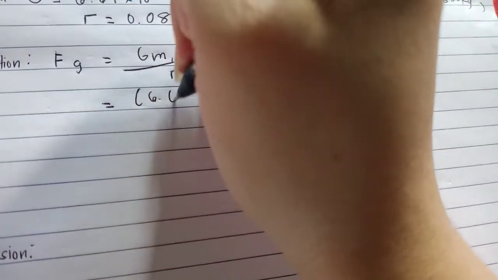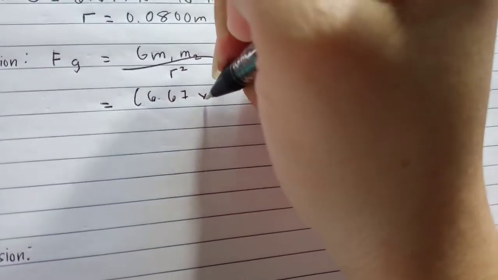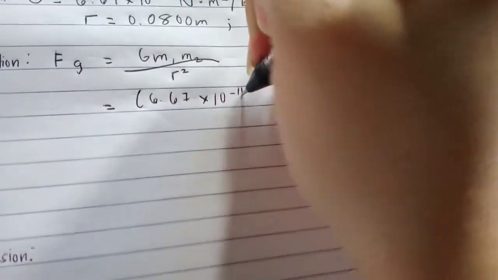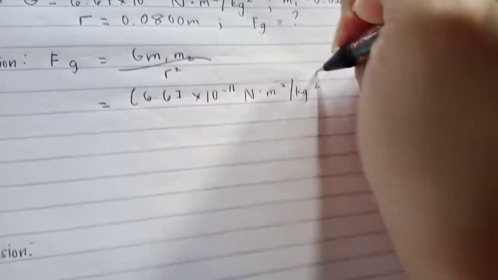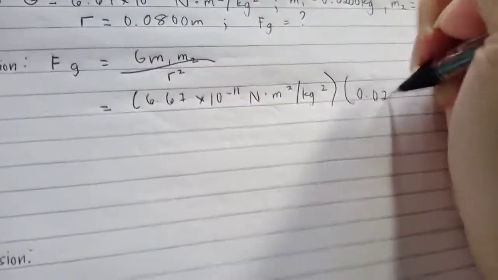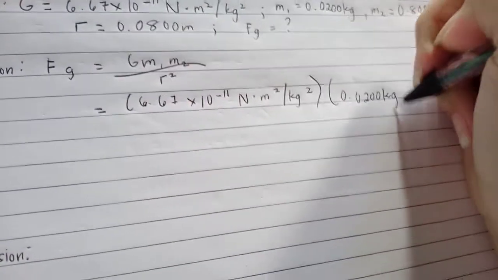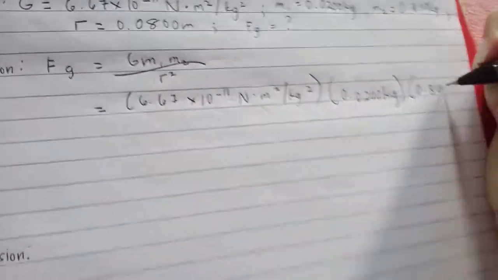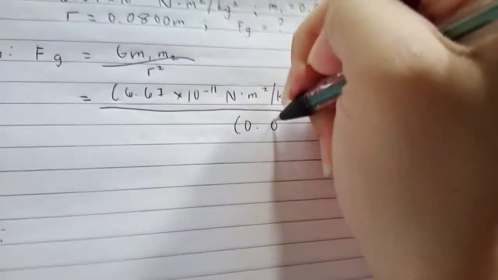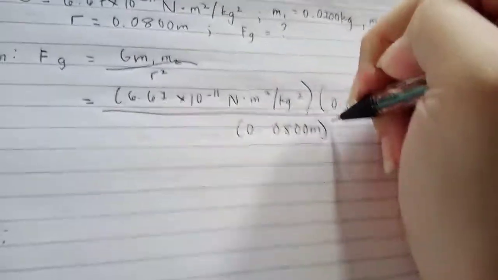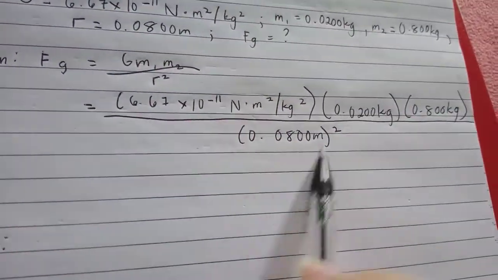So let's substitute them. The value for the gravitational constant is 6.67 times 10 raised to negative 11 Newton times meter squared over kilogram squared, times 0.0200 kilogram times 0.800 kilogram over 0.0800 meter squared. That is the radius.